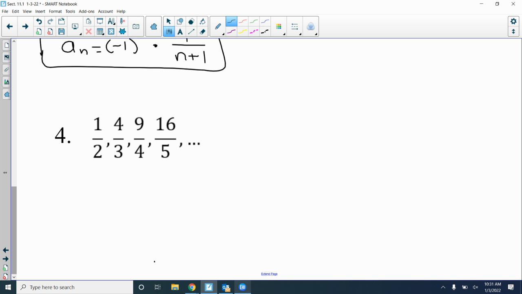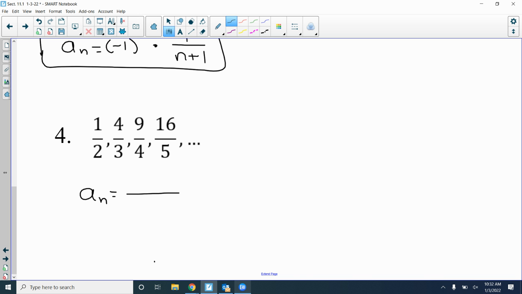So 1/2, 4/3, 9/4, 16/5. You almost want to treat the top, the numerator, as a separate problem and the denominator as a separate problem. So just try and think how you can get that numerator to get that pattern and how you can get the denominator to get that pattern. I'm going to put this as a sub n equals, and then make it a fraction.